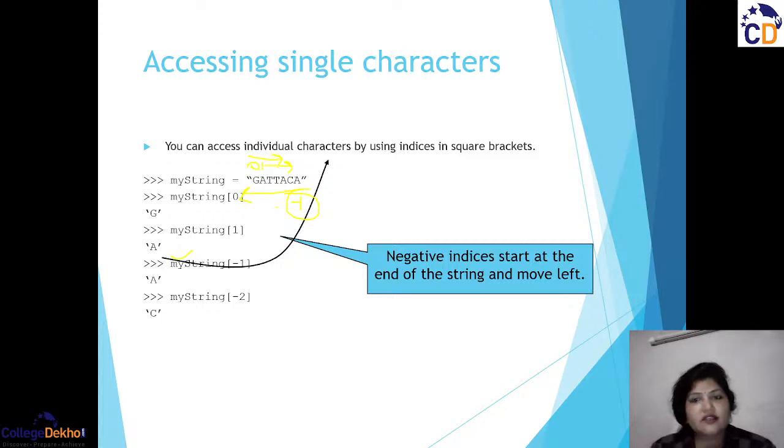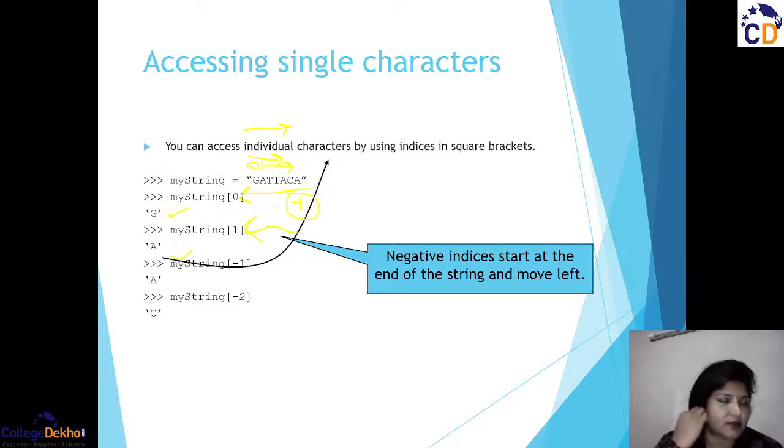Negative indices start at the end of the string and move left, whereas positive indexing moves this way. Here my string at index 0 is g. If it is 1, then a.